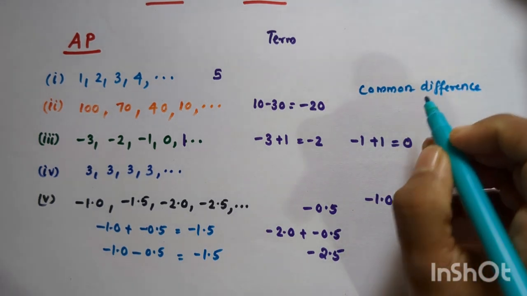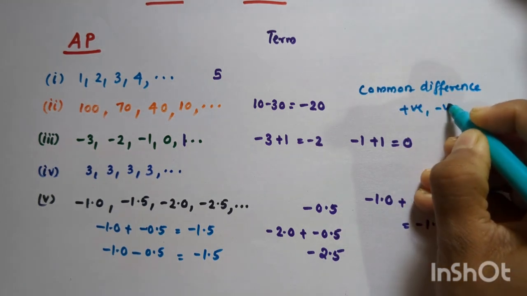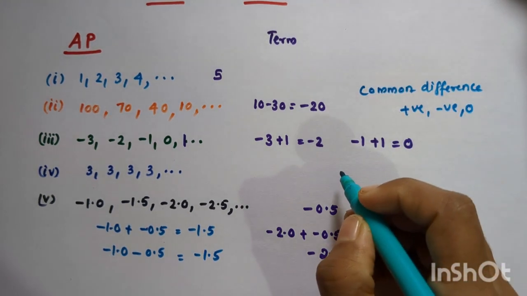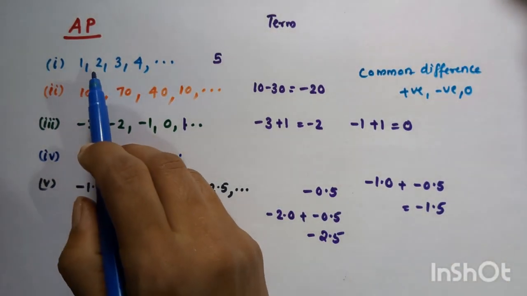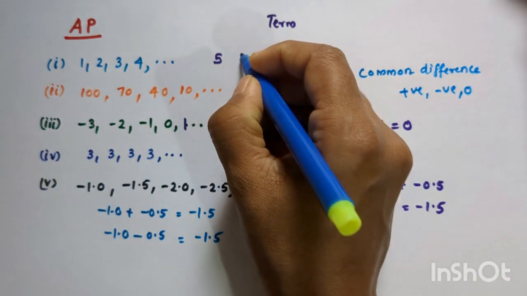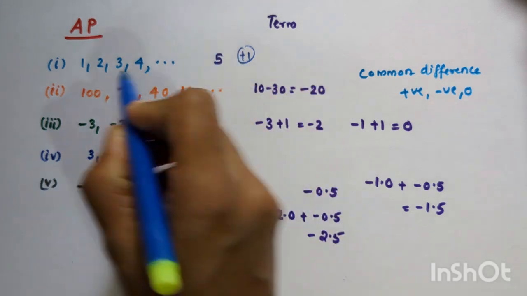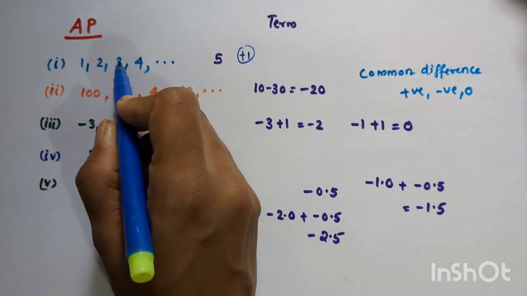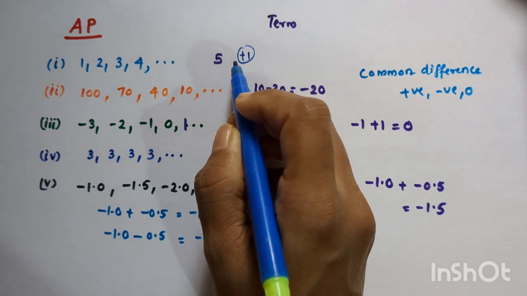See, this common difference can be positive, negative, or 0. In the first list, the common difference is positive, that is plus 1. When you add plus 1 with its preceding term, 2 plus 1 is 3, 3 plus 1 is 4.